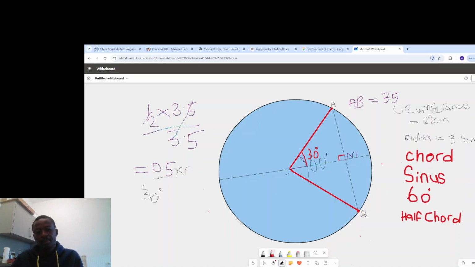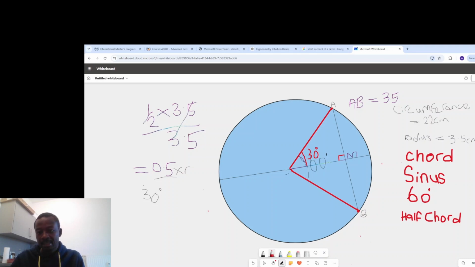And if you have your calculator and you type sine 30 degrees, you should get 0.5, and that is what we've shown here.